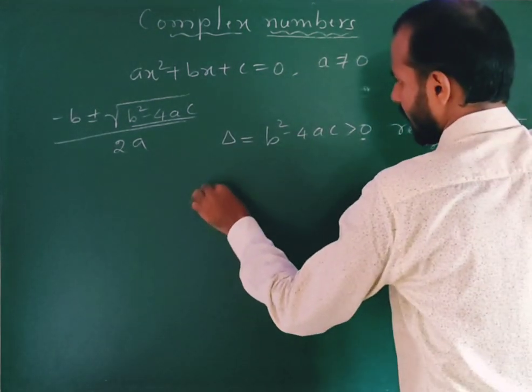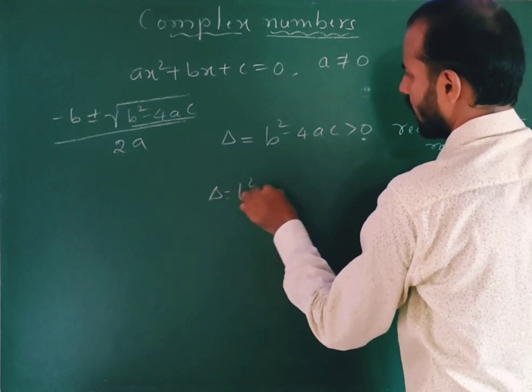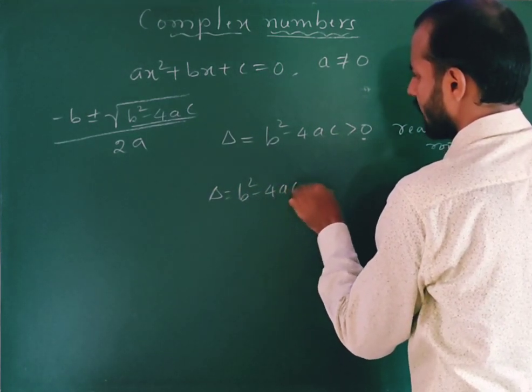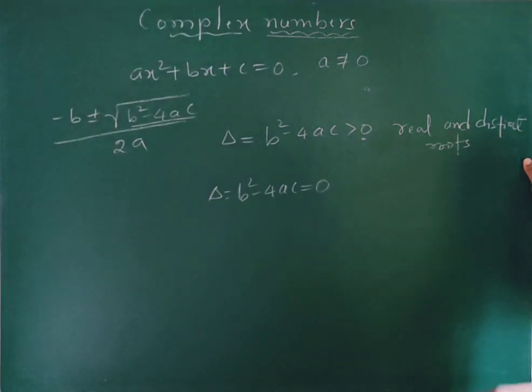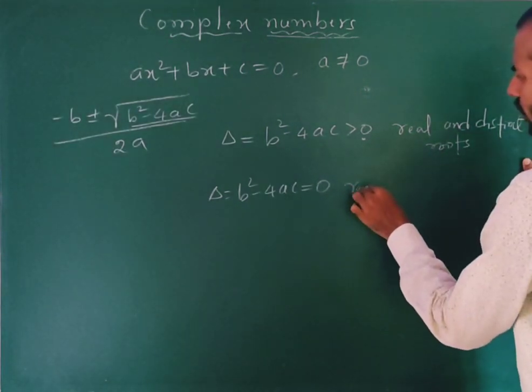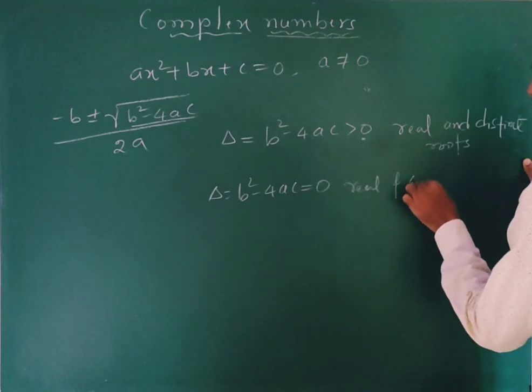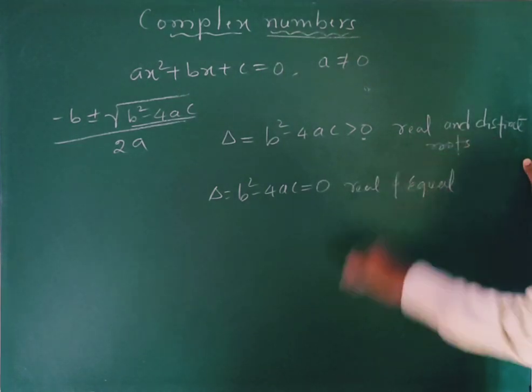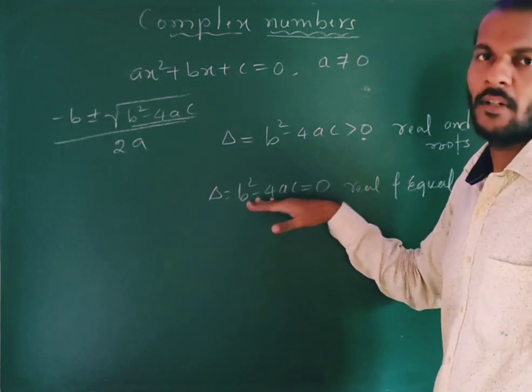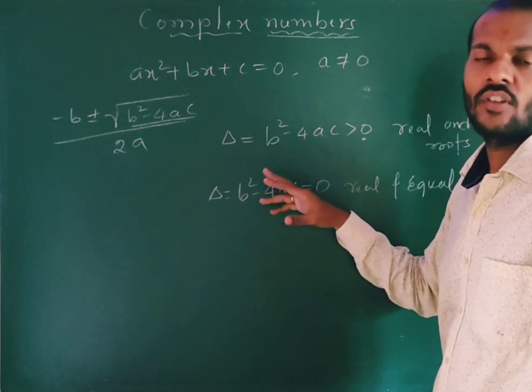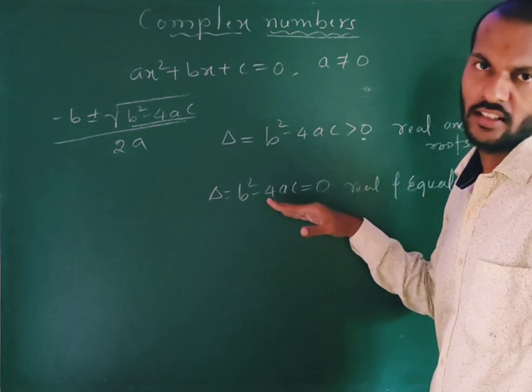Next, second case, when b square minus 4ac equals to 0, again we get real roots, and both the roots are equal to each other, right?